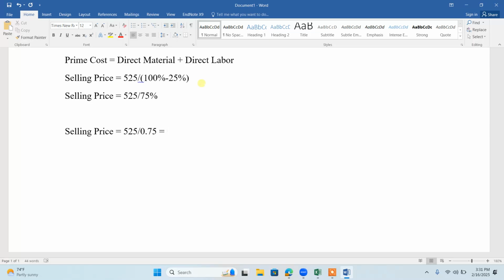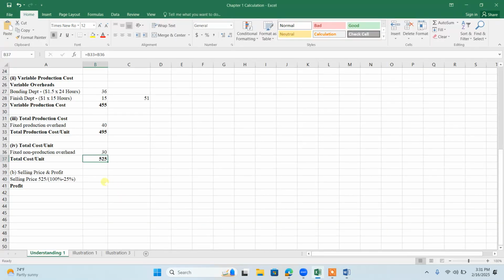So I will get the value of the selling price, which includes 25% margin also. So let me calculate it. 525 divided by 0.75. Now the answer is 700. Okay. 700 actually means that this is a selling price where I'm earning 25% margin on the 525.